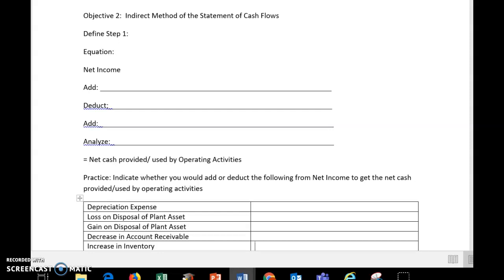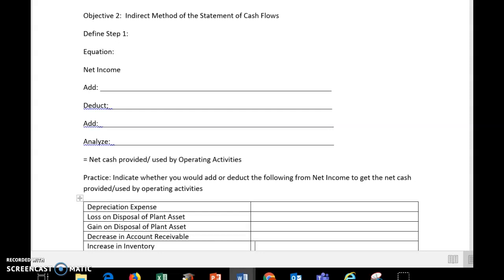So an easier way for companies to do this is to start with our net income and work our way backwards to get to the cash piece of this. So this is right in your books as well. It's a little equation that you can use to figure out the net cash provided by operating activities.